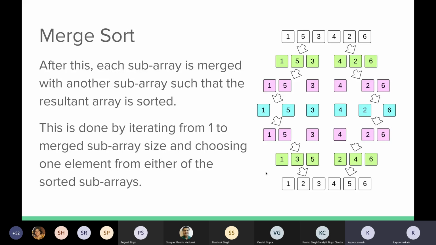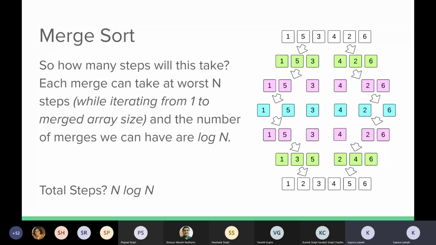So total number of steps that will be taken will be n log n. This is a very hand wavy calculation, but you can do this in a more mathematically rigorous way. You'll still get n log n as the number of steps. So any doubts on this?